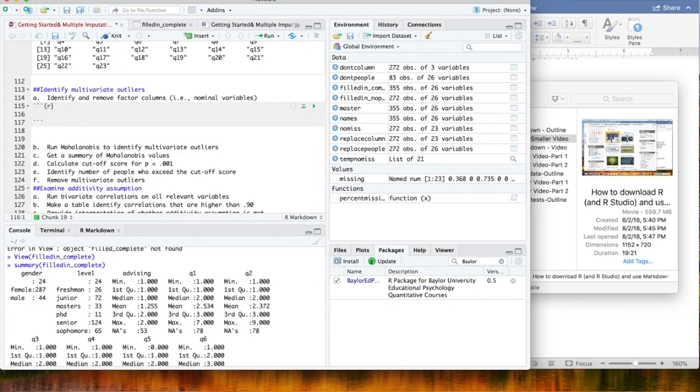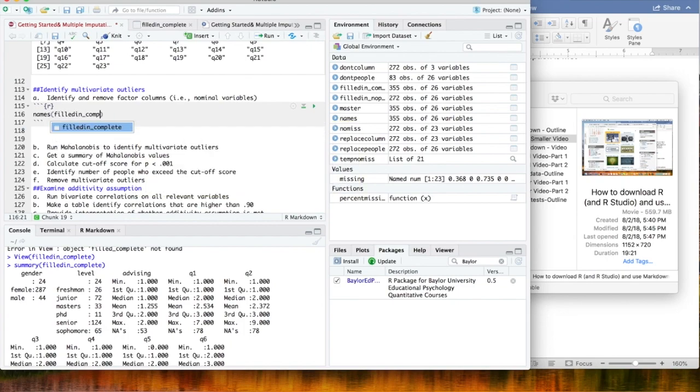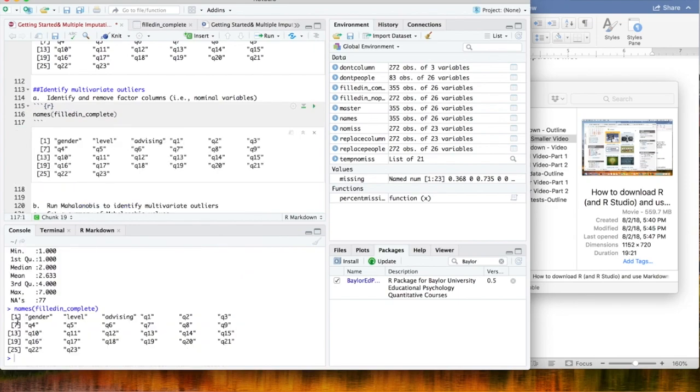These are the factor columns, gender, level, and advising.